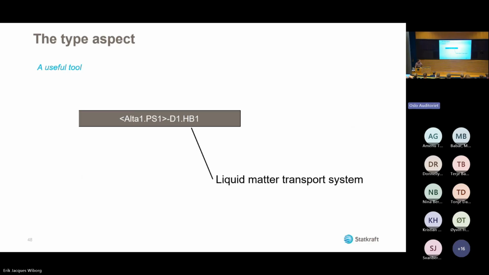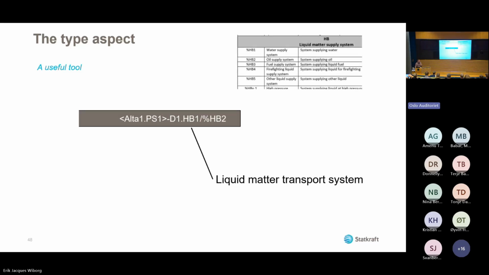But if now I have in Alta this liquid matter transport system, and I want to be clear on what aspect I'm using, I could either use a slash and the type description. And the slash is RDS. This means that you could either do it that way, or you could have percentage HB as a new line underneath the system, telling you that this is the same object you're working with.